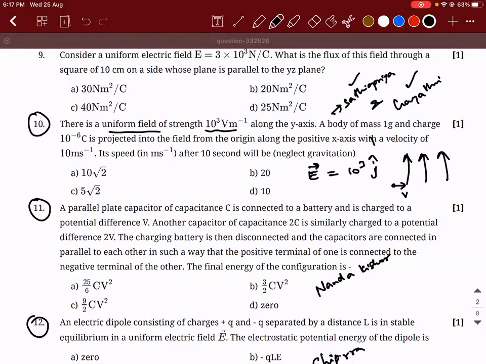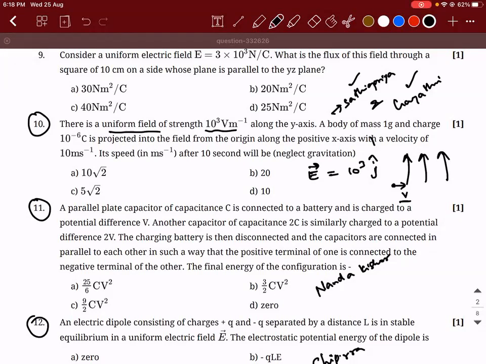What is the path followed by the particle when it is projected perpendicular to the electric field? Sir, not sure. Hemant? Perpendicular. No.